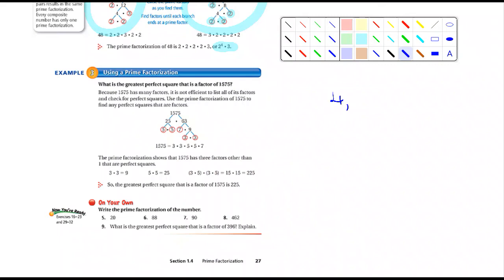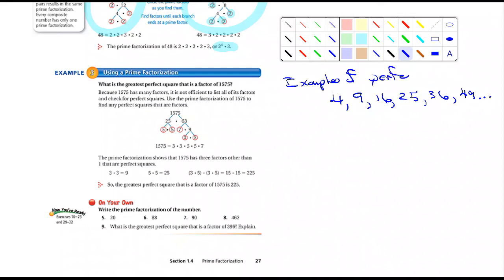What's 3 and 3? 9. 4 and 4. 16. 5 and 5. 25. 6 and 6. 36. 7 and 7. 49. And these are examples of perfect squares.